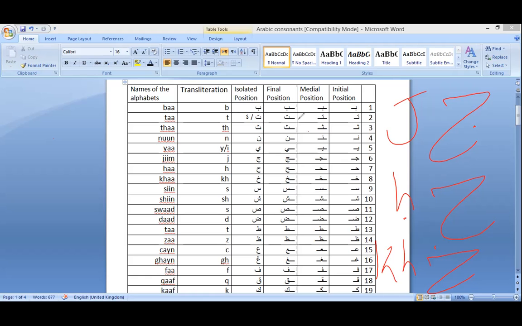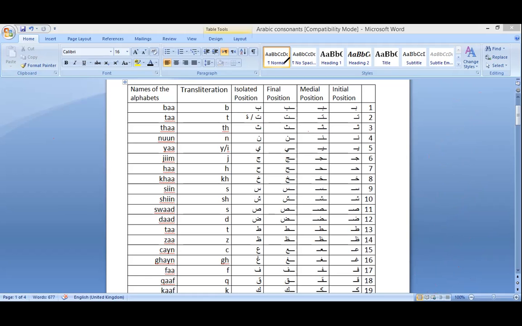If you remove these dots here, all these letters will be ha, because it's only ha that has no dots, which has this shape. So the dots are very important to differentiate between the letters. If you don't dot a letter, that means it's just a sign, but not necessarily a letter.